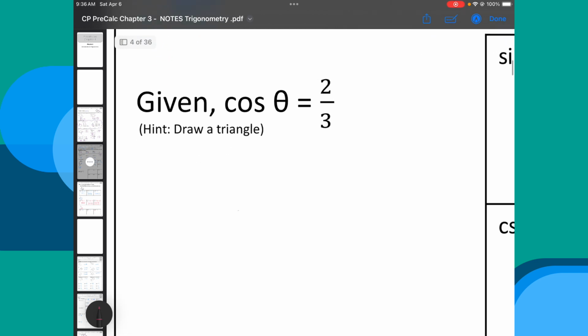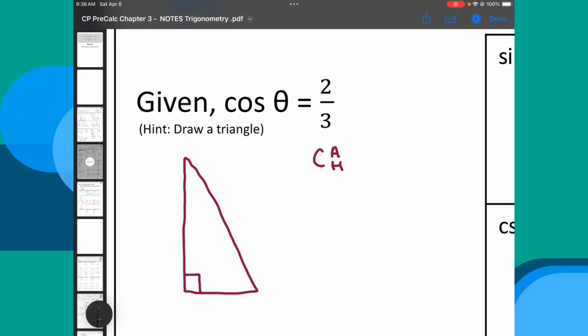So here they're giving us that the cosine of theta is 2 over 3. So I don't really know what that looks like on my triangle until I draw my triangle. So we know cosine is adjacent over hypotenuse. So my hypotenuse will be 3, and my adjacent is going to be 2.